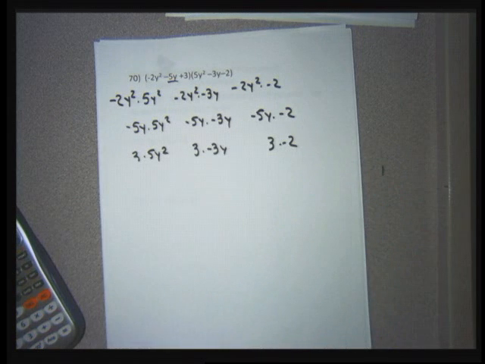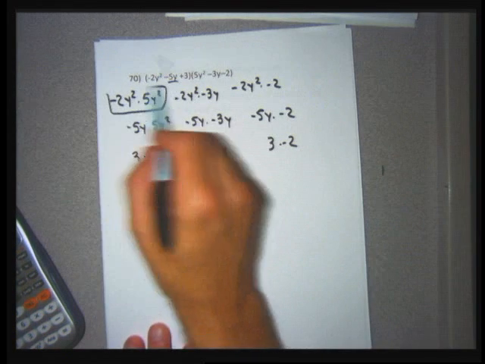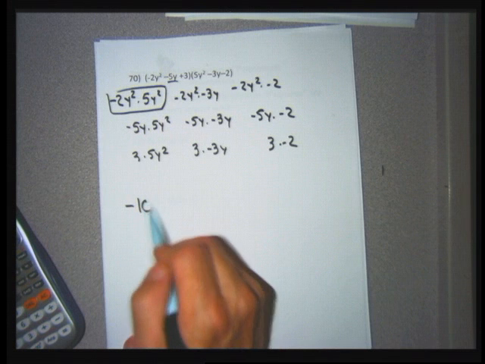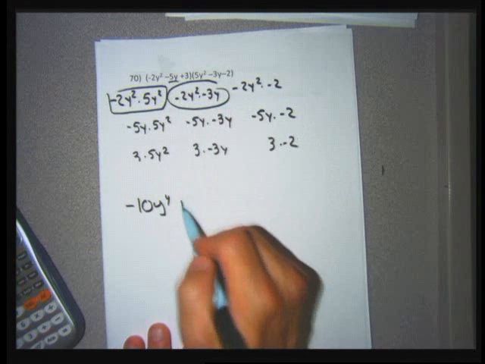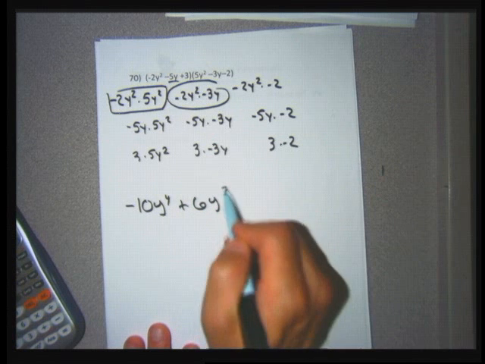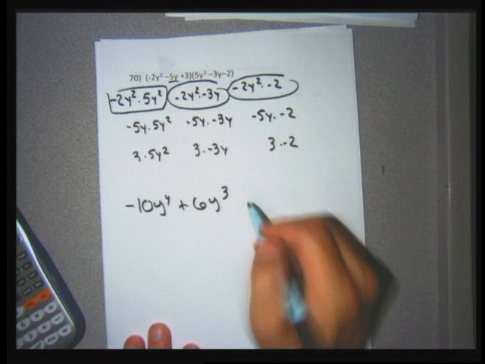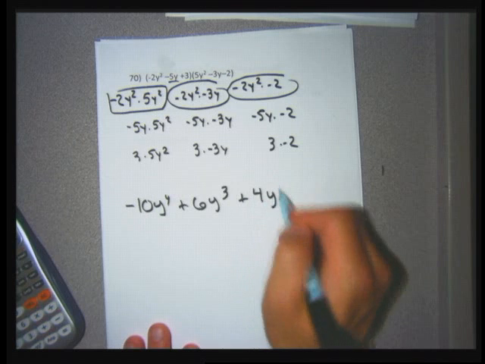Now I'll do them one at a time. First multiplication, I get negative 10y to the fourth. Second multiplication, I get positive 6y cubed. Third multiplication, I get positive 4y squared.